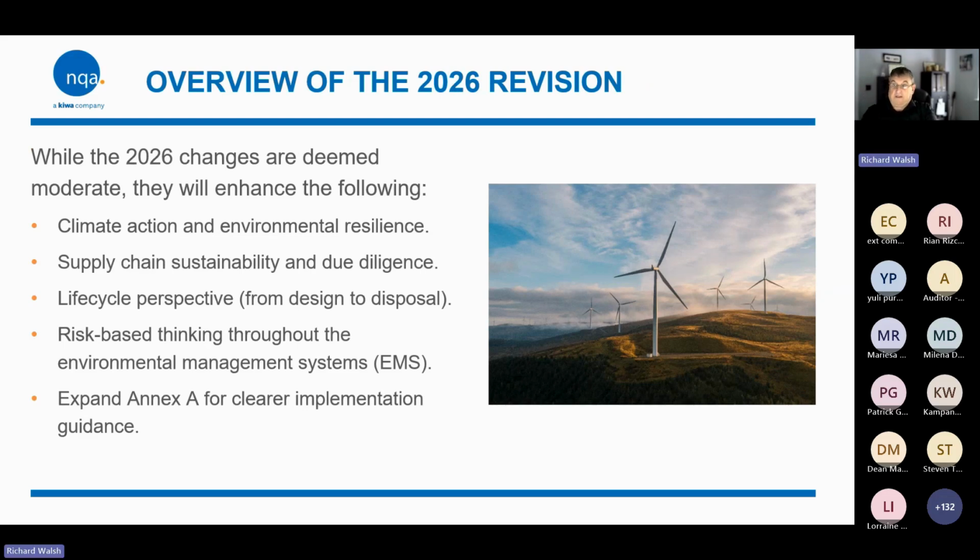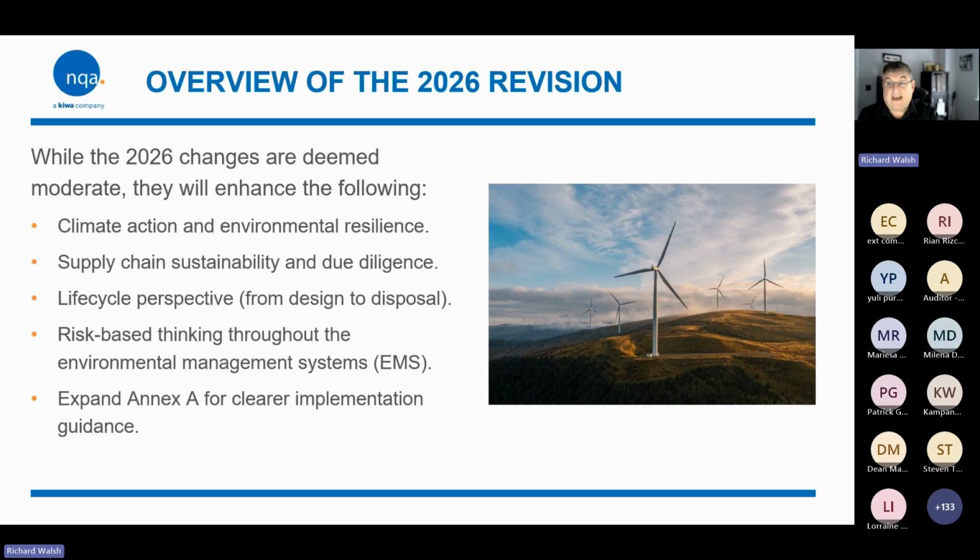I believe the view of ISO is the changes are deemed to be moderate. Obviously, for the 2015 standard, they were significant, but for this update, they're deemed to be moderate. And as I've said, they will enhance the following areas.